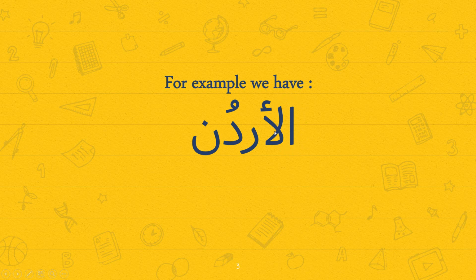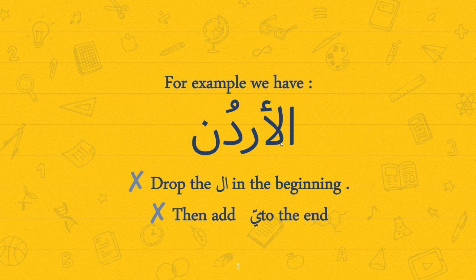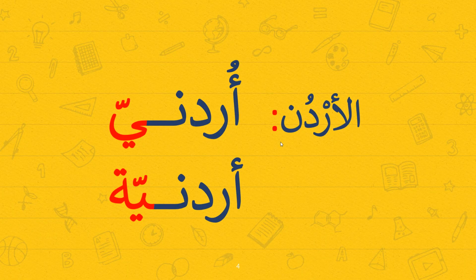So, to form a nisba in this case, what you have to do is drop the L in the beginning, and then add ya. Let's see how it goes. So Al-Urdun, see, we dropped the L and then we added ya to the end, which makes it Urduni.